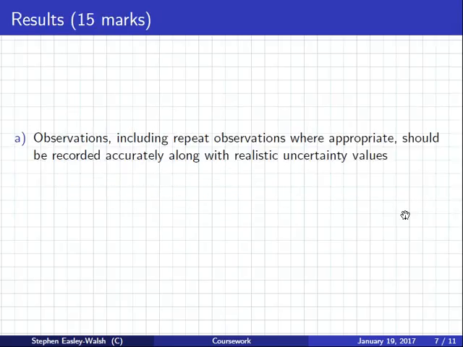Now, for the results, you need to have the observation, this means the data, with uncertainty values. So, for example, when you list the U, you need to put beside the U the uncertainty. So, for example, 0.01 or 0.005 if you want to use half of it.